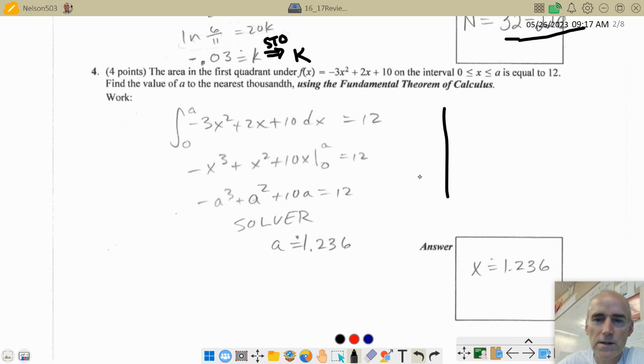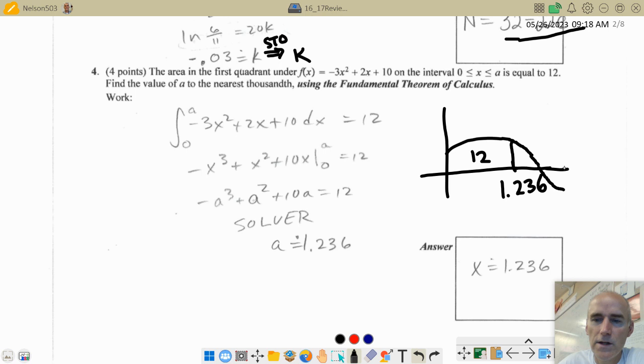Because what you're going to see is something like this, okay? It goes like this, and by 0.6 or 1.236, the area is 12. Now it keeps going up. The area is increasing right over here. So we're going past 12 to this point, and then the area starts decreasing because we're below the x-axis.